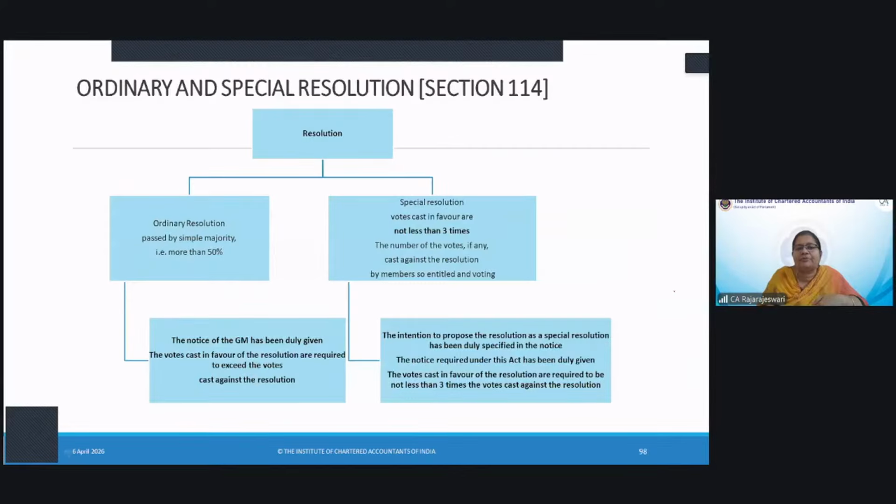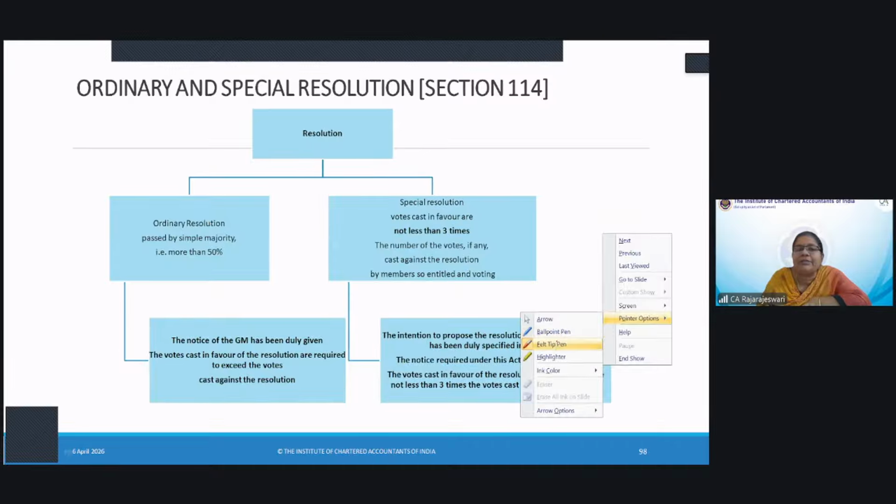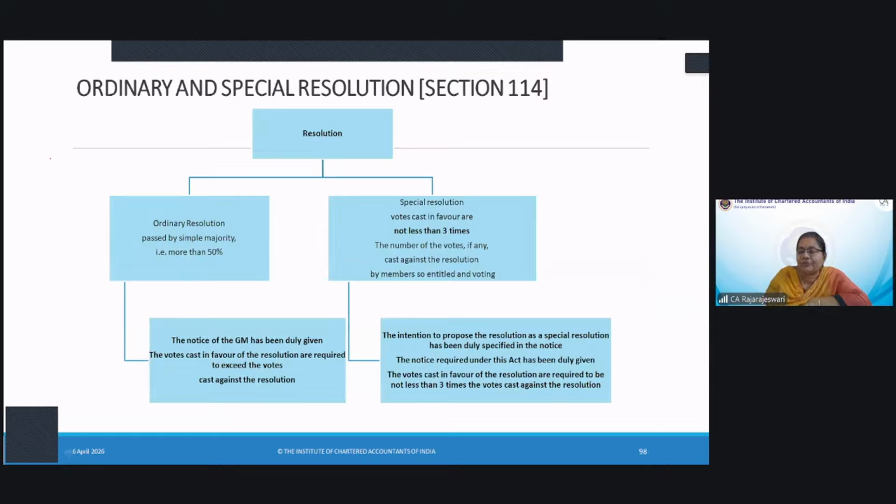Both are possible. When I talk about resolutions in a general meeting, there are two types: one is the ordinary resolution and the other is the special resolution. We specify an ordinary resolution as one where a simple majority is enough.